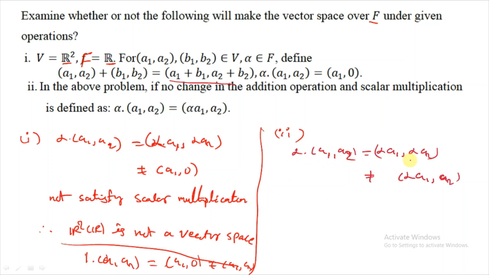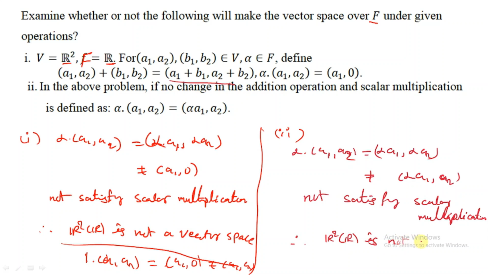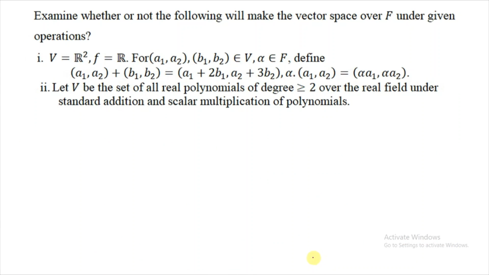But we know scalar multiplication is like this one. Therefore, scalar multiplication is not satisfied. Therefore, R2 over R is not a vector space. This one.